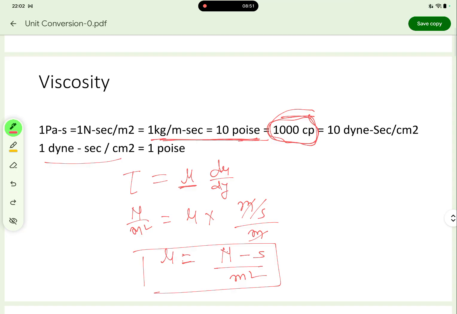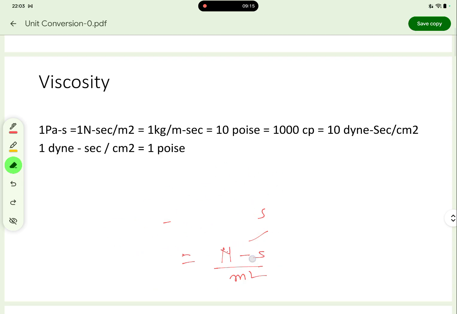And I think if I remember, one Darcy is equal to 1000 millidarcy, maybe I am wrong. So this is another unit conversion you need to remember: viscosity is expressed in centipoise when you are going through the petroleum unit.